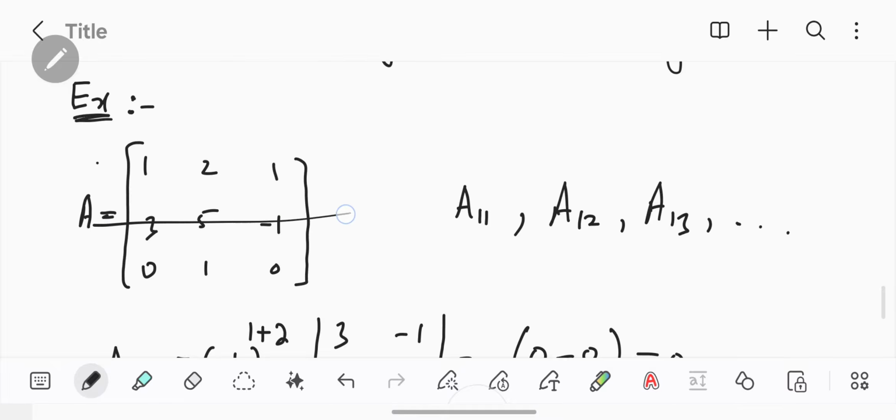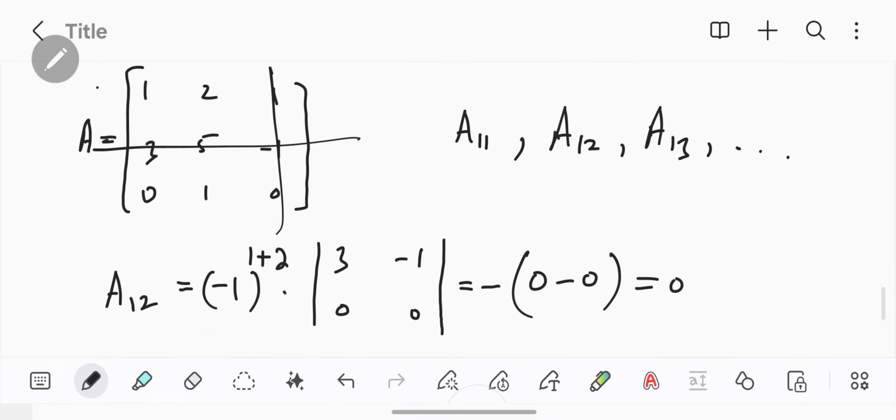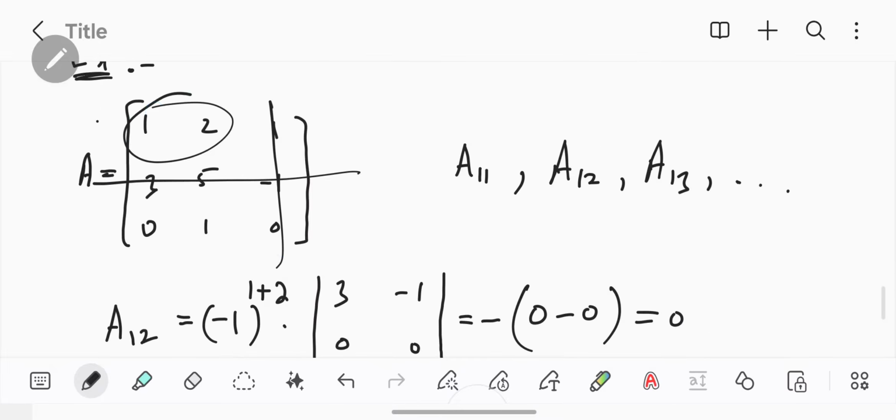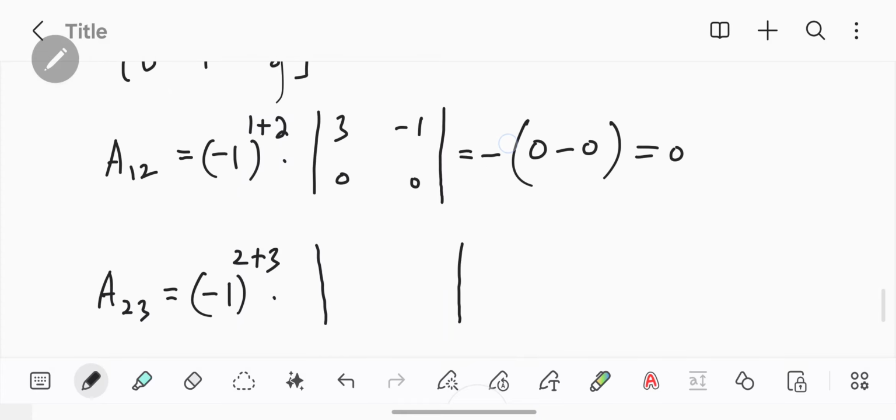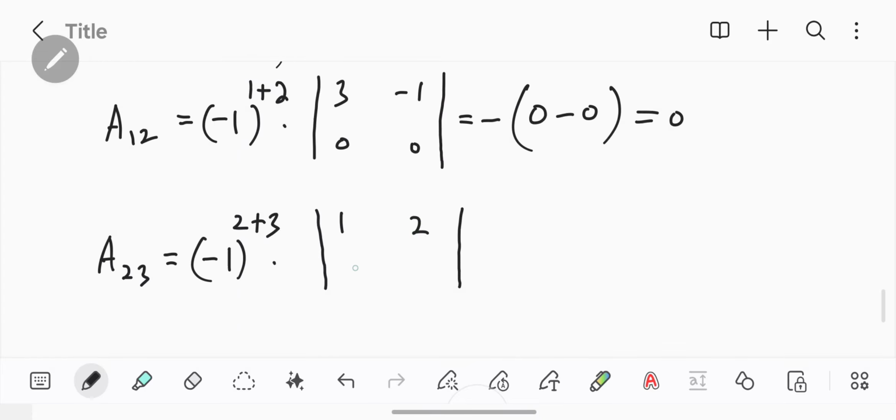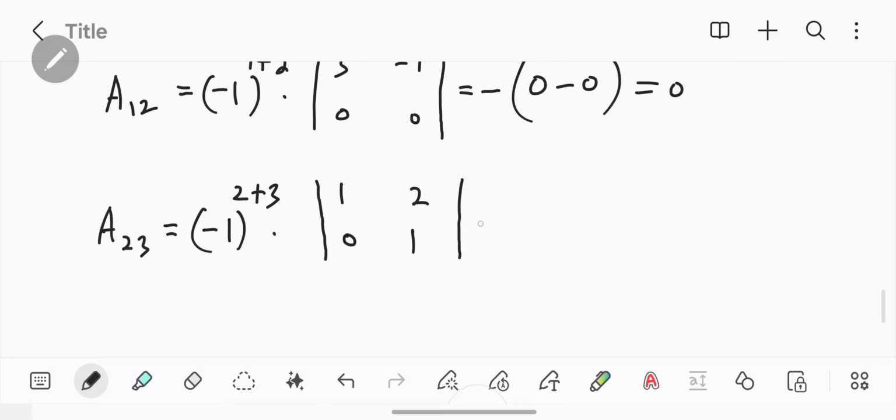I will end up with 1, 2, and 0, 1. Minus 1 to the power 2 plus 3 is minus 1 to the power 5, which is an odd number, so it is always minus.